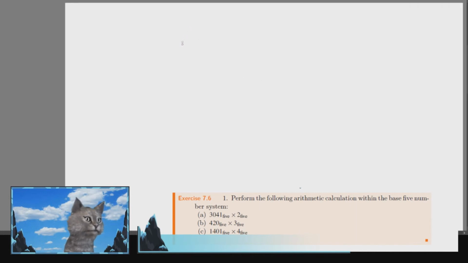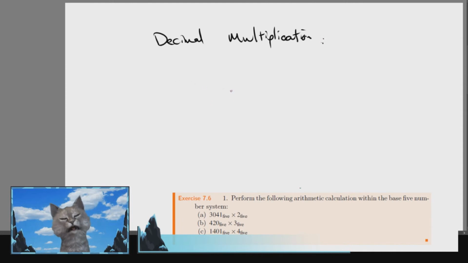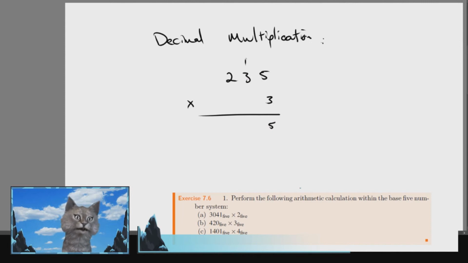Because you might be tempted to say, let's say here, decimal multiplication, if I have like 235 times 3, to say 3 times 5 is 15, 3 times 3 is 9, plus 1 is 10, 3 times 2 is 6, plus 1 is 7, and I'm done.